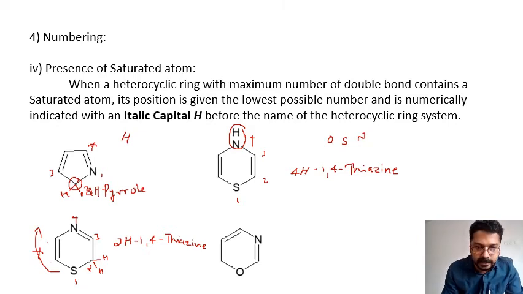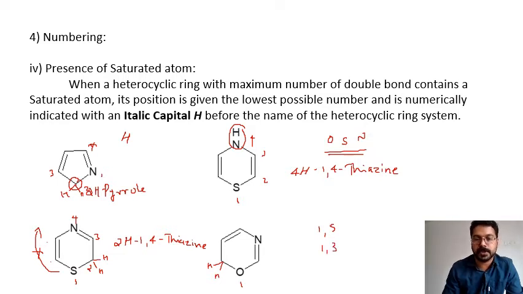Again, in this case, you can see that the indicated hydrogen is present over here. The order of preference, I told you, is OSN. So the first number will be for oxygen. Second, if you go 2, 3, 4, 5, this will be 5, so the set will be 1, 5. But if you go this way, 1, 2, 3, the set will be 1, 3.